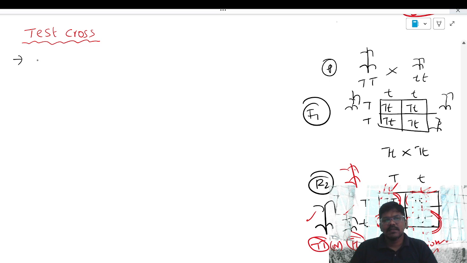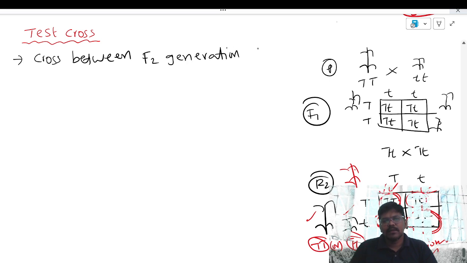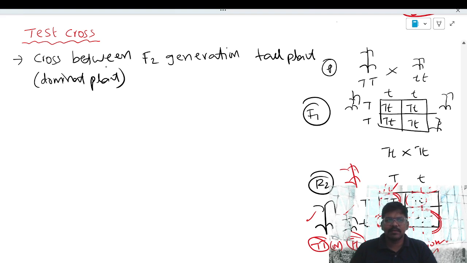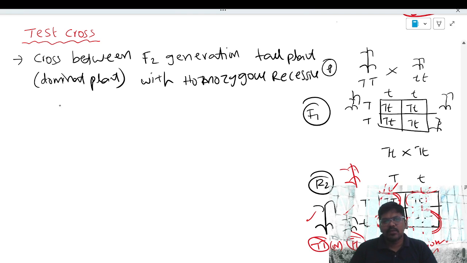Based on this experiment, we can say that a test cross is a cross between an F2 generation tall plant, that is, an F2 generation dominant phenotype plant, which may be homozygous dominant or heterozygous dominant, with a homozygous recessive plant.